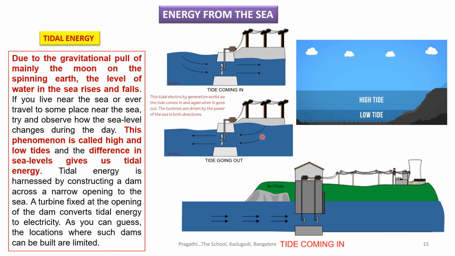When it is coming the opposite way, it rotates the turbine in the opposite direction, and we will have some mechanism so that every time, whether the tide is coming in or going out, we have an arrangement where the generator is always rotating in the same direction, producing current.